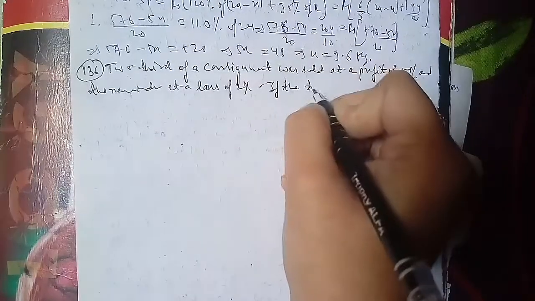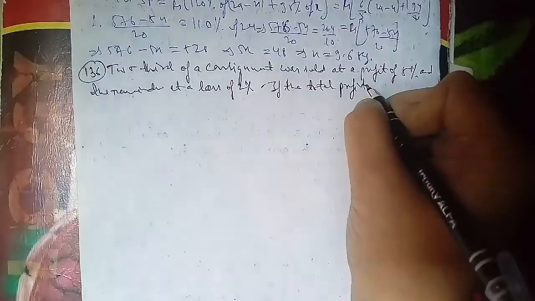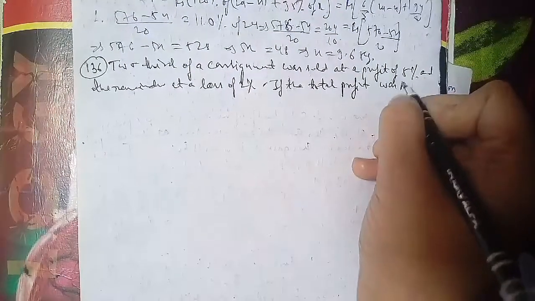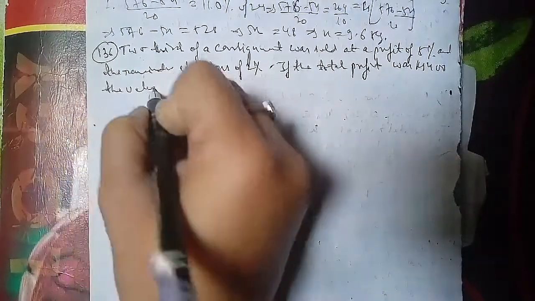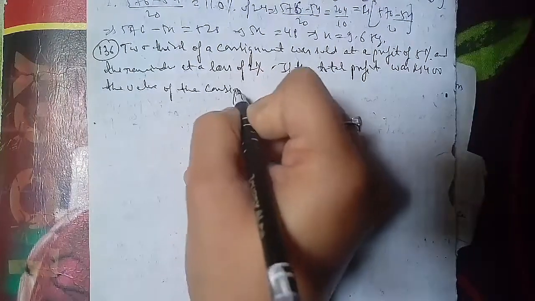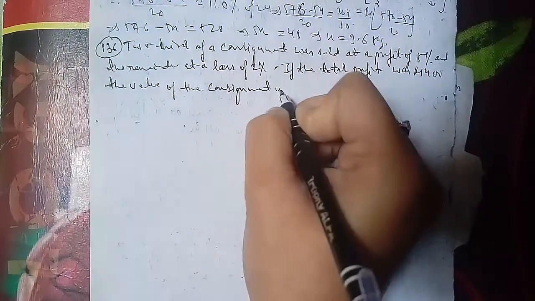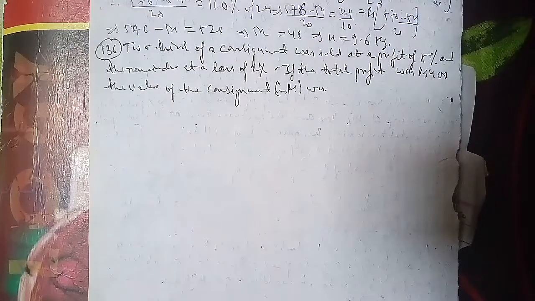If the total profit was rupees 400, the value of the consignment in rupees was. So we go ahead for the solution here as well.